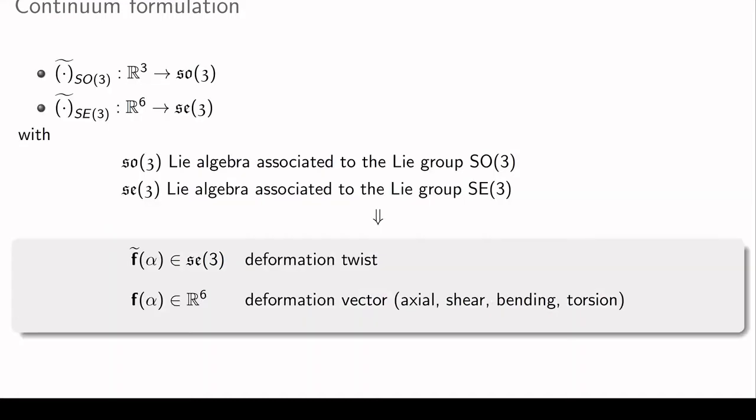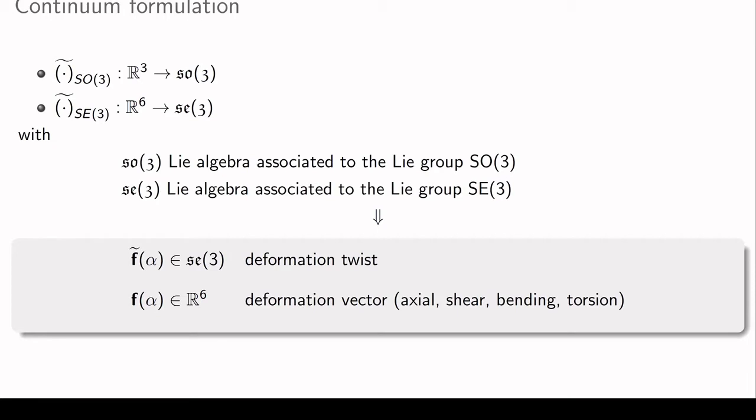So we have se(3), the Lie algebra associated to the Lie group SE(3), which arises when the derivative of the Lie group is taken, in this case, with respect to space. This quantity is really important because it is intrinsic, invariant under superimposed homogeneous transformations or rigid body transformations. And there is an isomorphic mapping between the deformation twist matrix and the 6-dimensional vector of deformation.